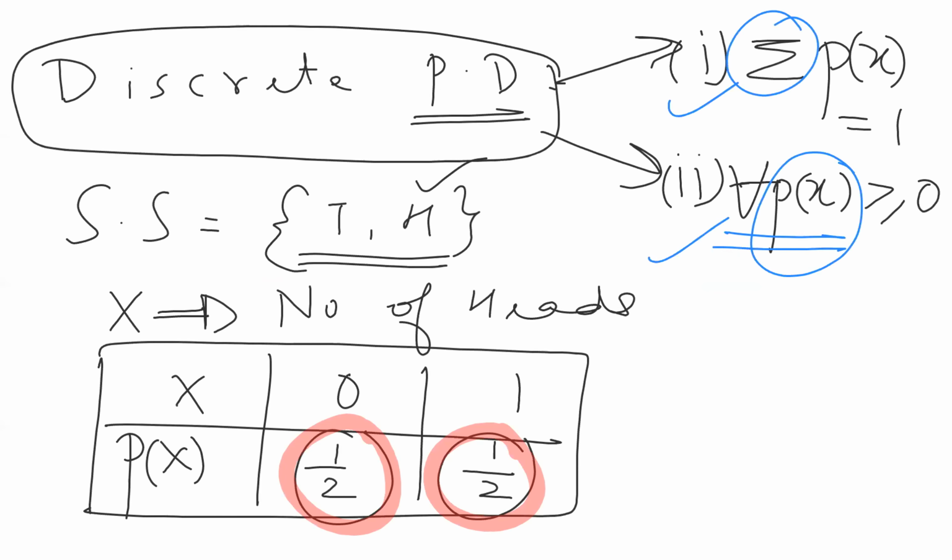For a probability distribution, these two criteria should be fulfilled. Sum of all probabilities should be equal to 1, and individual probability should be greater than or equal to 0.